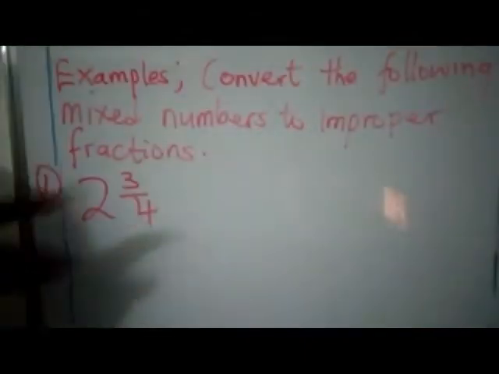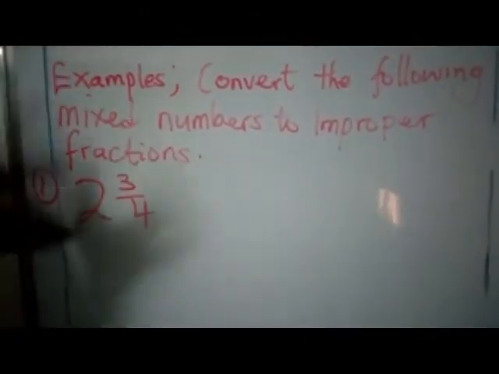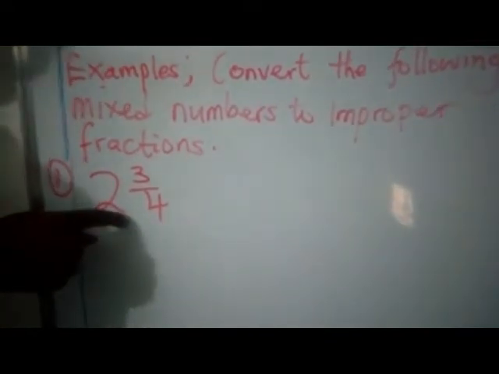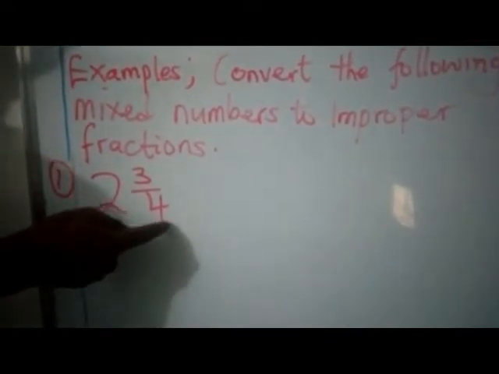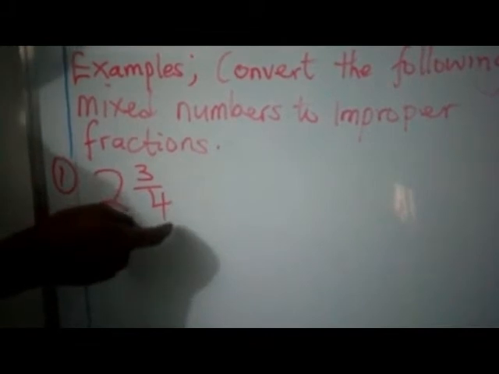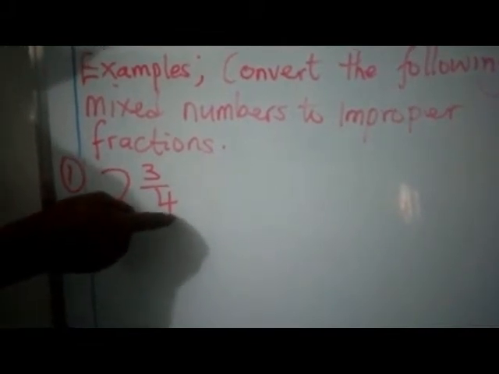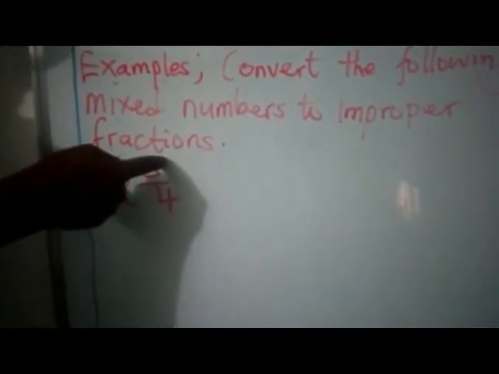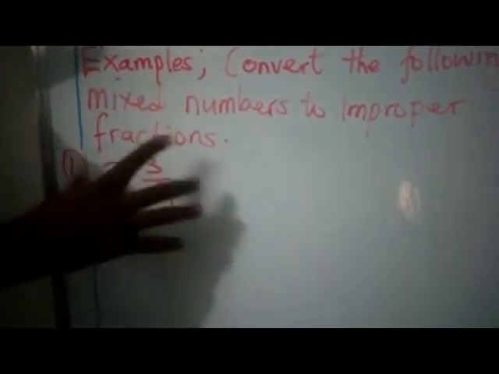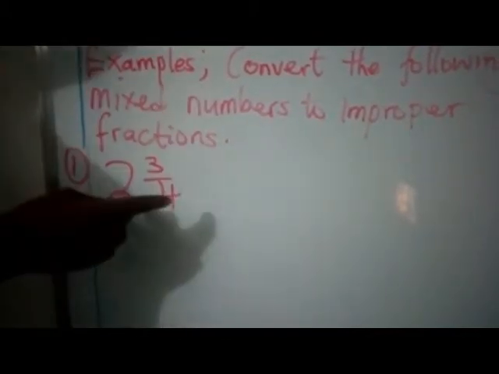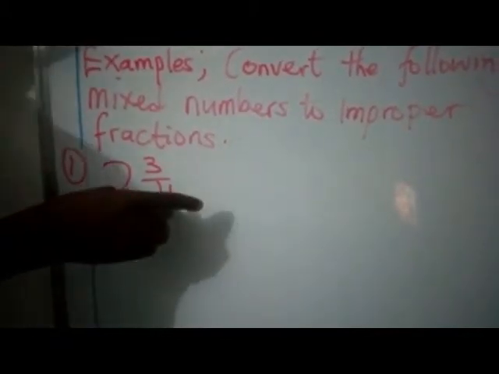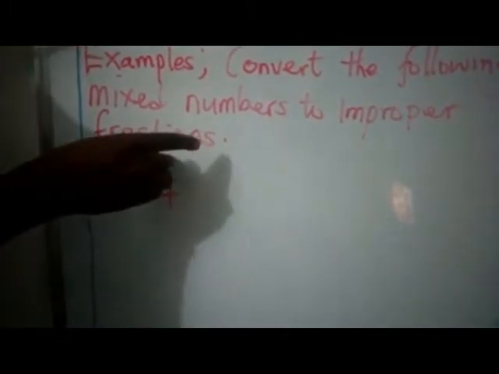What's our whole number? Our whole number is 2. And our denominator is the number beneath, which is 4. And the number on top is your numerator.